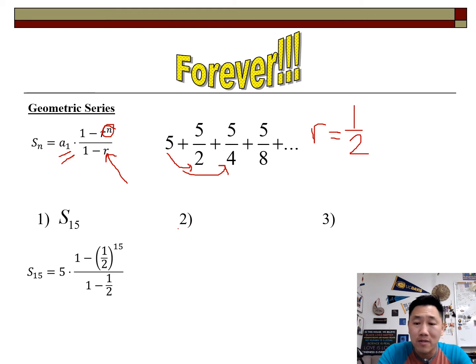Be careful when you put this into your calculator. Make sure you use PEMDAS, and make sure you use parentheses because it's very specific how you enter it into the calculator. But when you do it, you should get 9.9997, approximately.